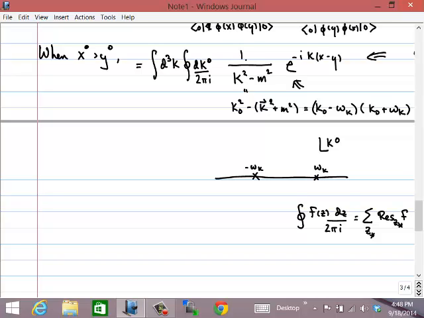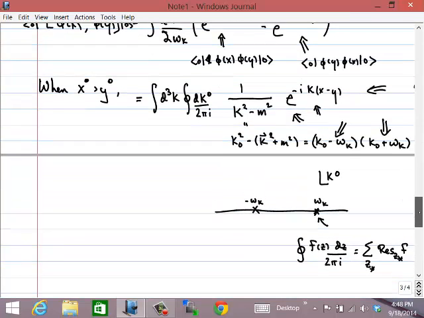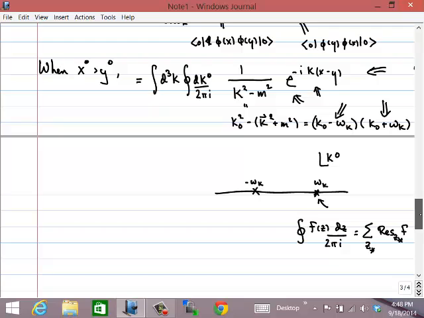Well, the integrand here goes like 1 over k0 minus omega k, and the residue is the thing that's left. So, for example, at this point where k0 is equal to omega k, the residue is, so you get rid of this factor here of k0 minus omega k, and the residue is everything that's left over. So you get 1 over 2 omega k times e to the I k (x minus y), evaluated at k0 equals omega k.